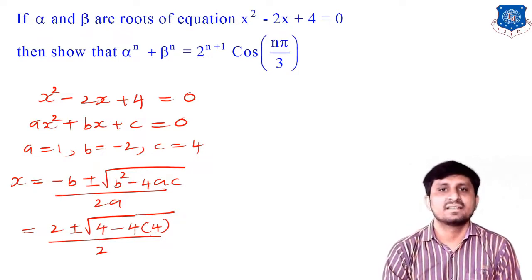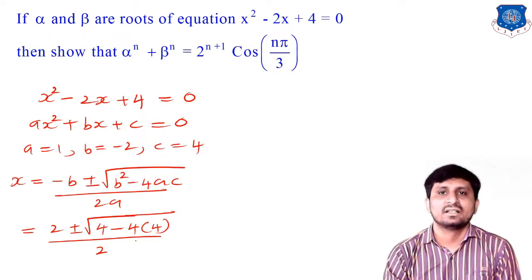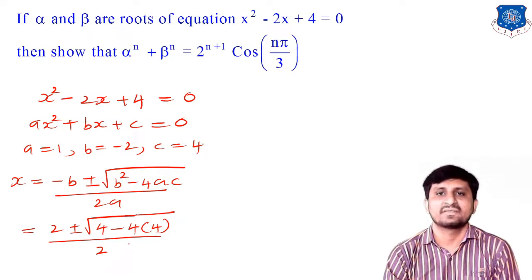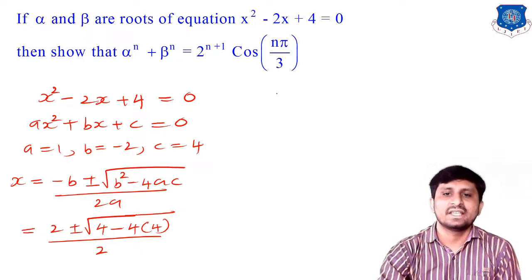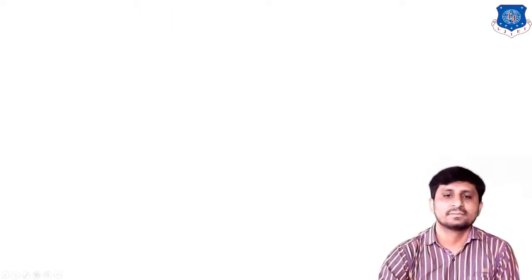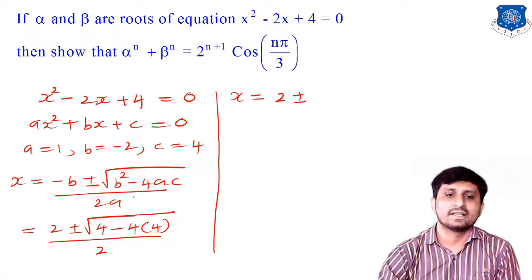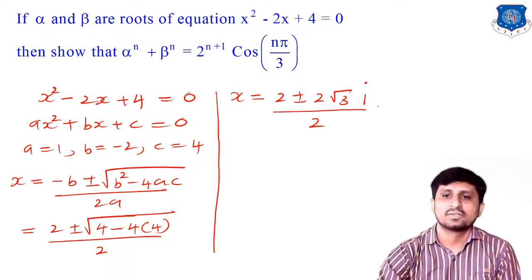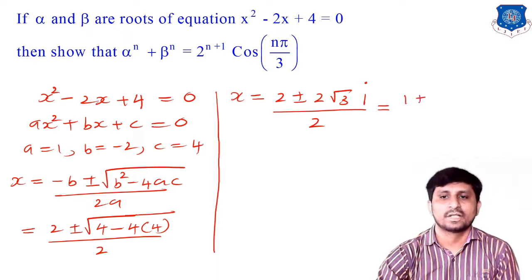Now 4 minus 16, so that is square root of minus 12, and 12 can be written as 4 into 3, and square root of 4 is 2, so we can write 2 root 3. So the value of x is 2 plus or minus 2 root 3 i, divided by 2. That's exactly 1 plus or minus root 3 i.